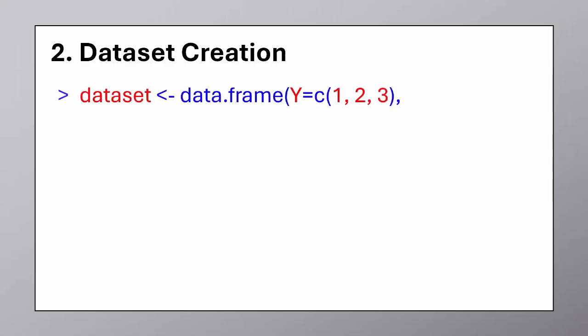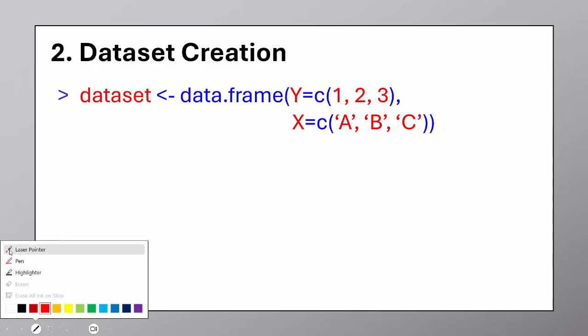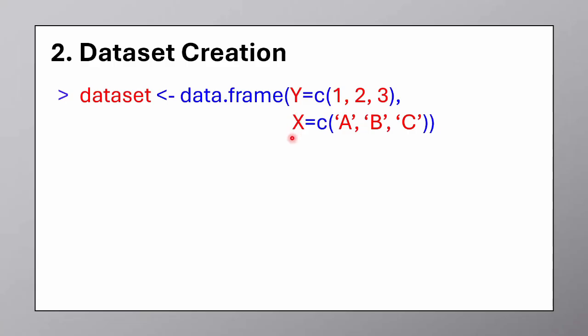Now, on the other side of things, we have number 2, dataset creation. Sometimes you create a dataset rather than just simply loading it in. That's a little bit more involved, but again, easy enough to remember if you take some effort. So again, you're going to call it whatever you want, and you're going to call data.frame. Then you're going to need to set up the Y and the X. Those are going to be whatever the names of your columns.